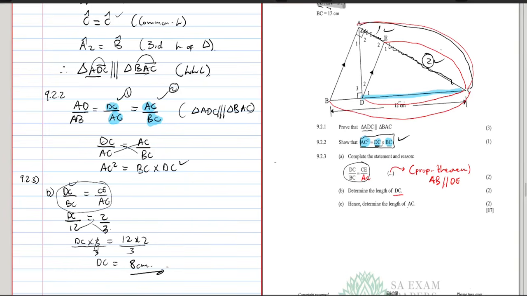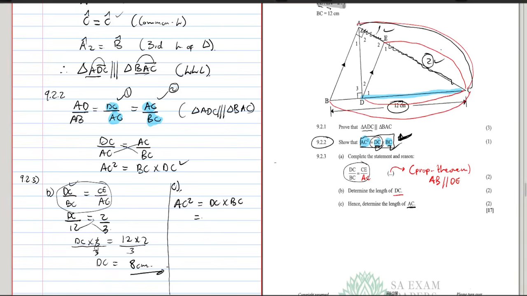And then they want us to calculate the length of AC. So for 9.2.2, we're going to use that formula to calculate AC. I do have BC, yes. BC is 12. DC is the 8 that I just calculated. So for C, we're going to use DC times BC.